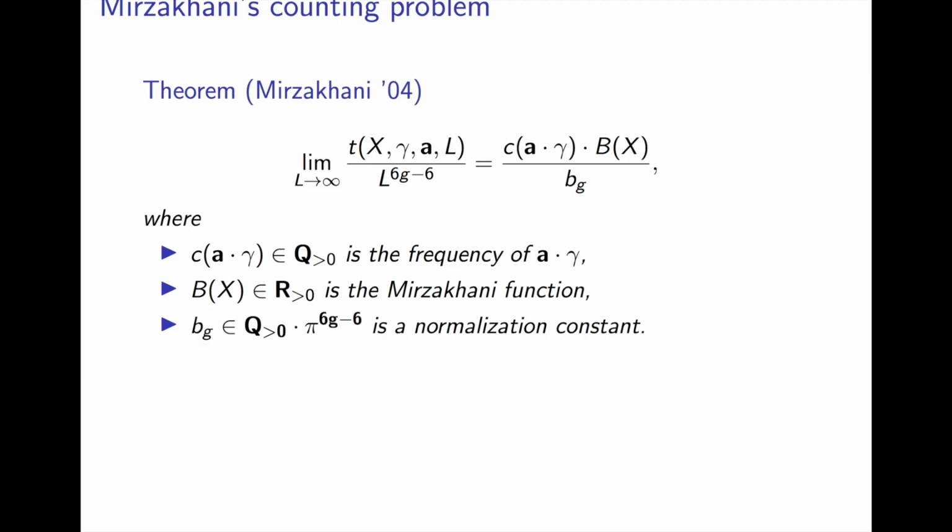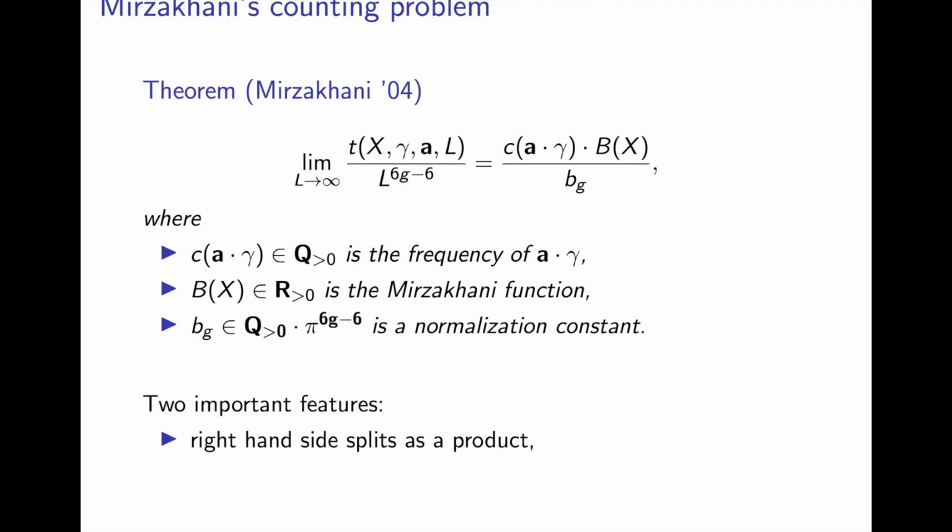And there are two other features that I want to highlight about this theorem. One is that the right-hand side, this leading coefficient, splits as a product of one factor depending only on the weighted multicurve, and another factor depending only on the hyperbolic structure, and that's very useful for several applications, which I'm not going to present in this talk, but I just wanted to mention it because it's important.